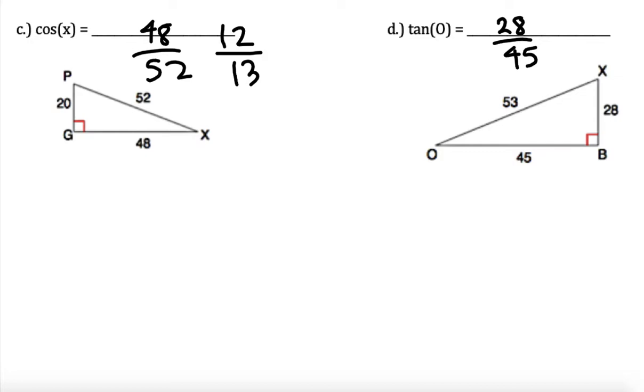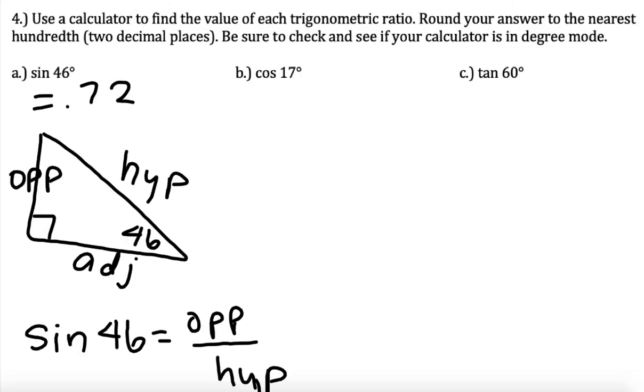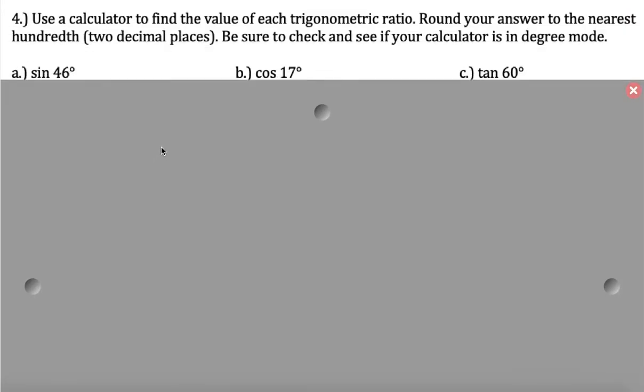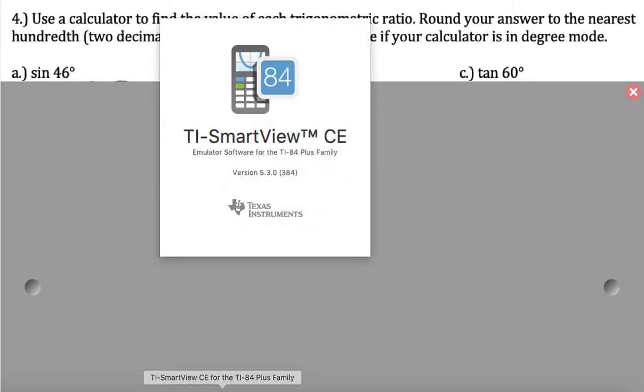The last thing we want to do is check in our calculators and get familiar with these three trig functions and making sure that we can type them in. So on your calculator, if you do not have a graphing calculator, you just want to make sure that you have DEG showing for degrees.